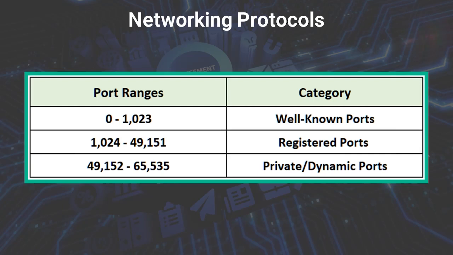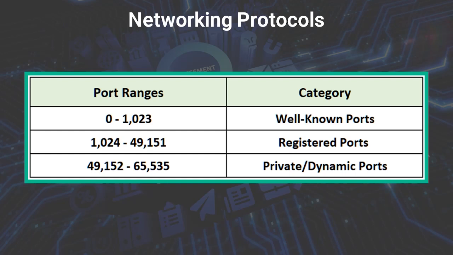These ports are categorized into three categories. Ports that range from, let's say, 1 to 1023 are what we call the well-known ports. An example of a well-known port is HTTP, which uses port 80. Ports 1024 to 49,151 are what we define as registered ports.